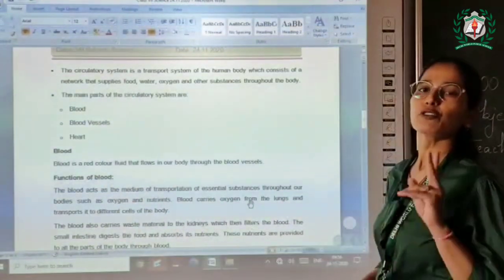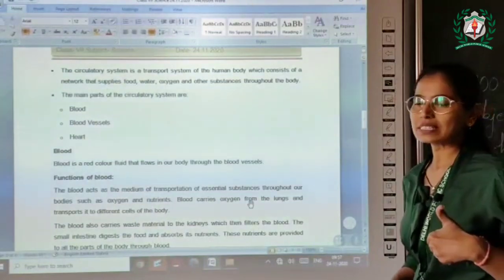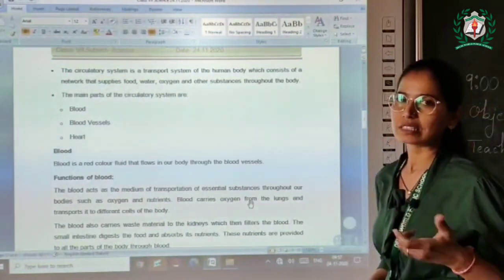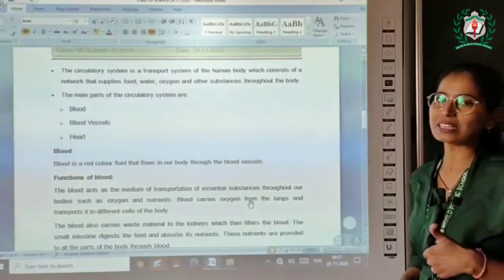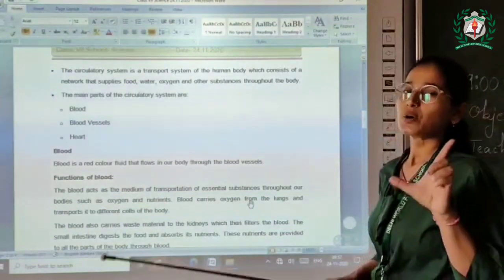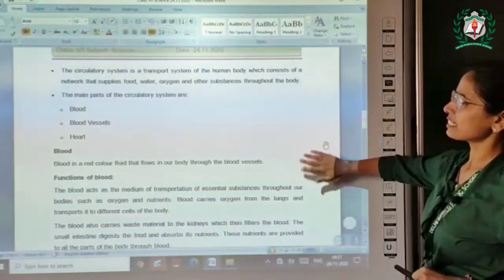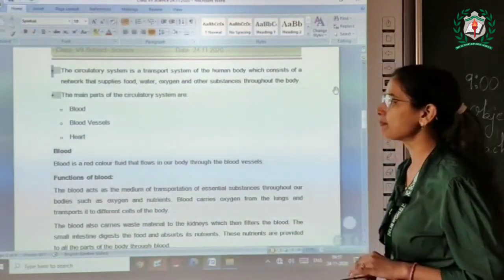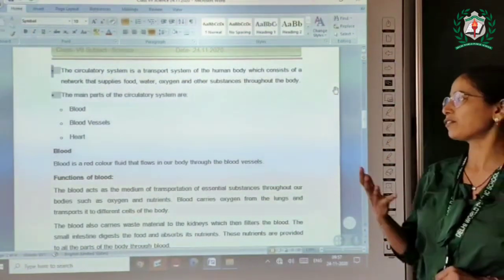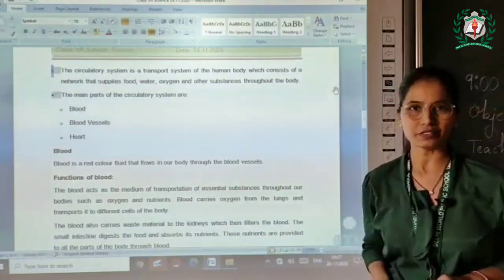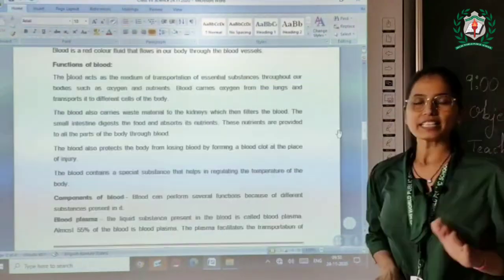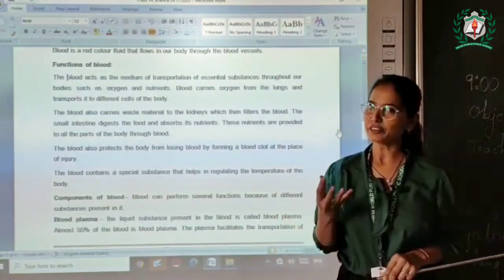Blood vessels are of two types. Red blood vessels and blue blood vessels. Red blood vessels are known as arteries and blue blood vessels are known as veins. Okay. And heart. So firstly we'll talk about blood. What is blood? Blood is a red color fluid that flows in our body through the blood vessels.